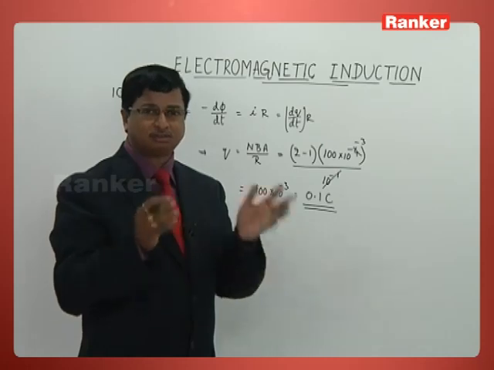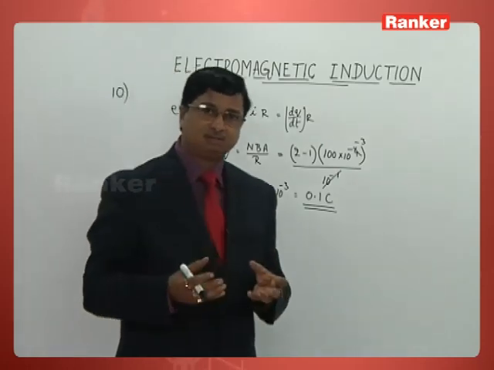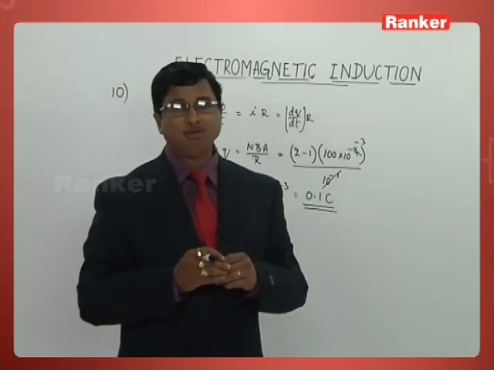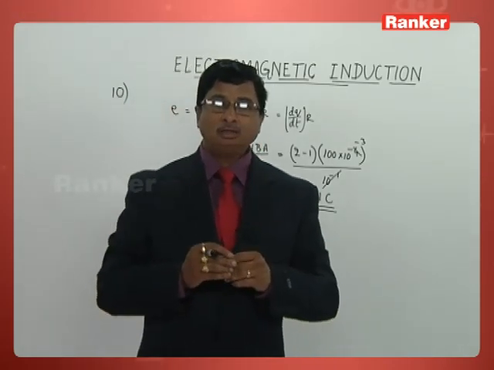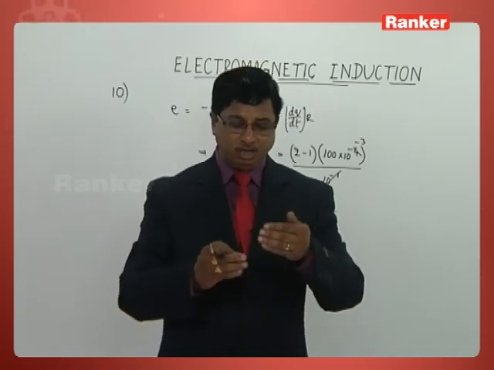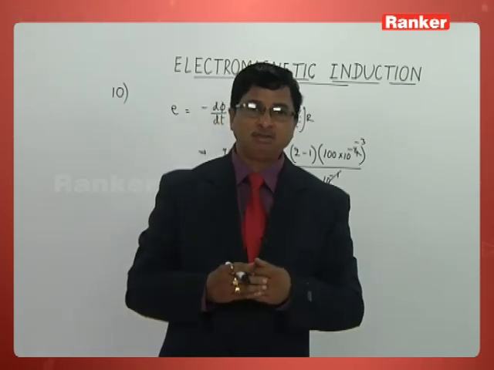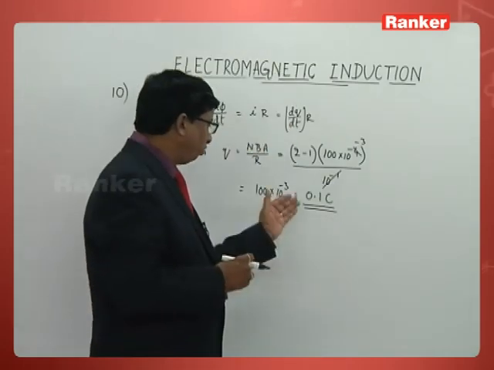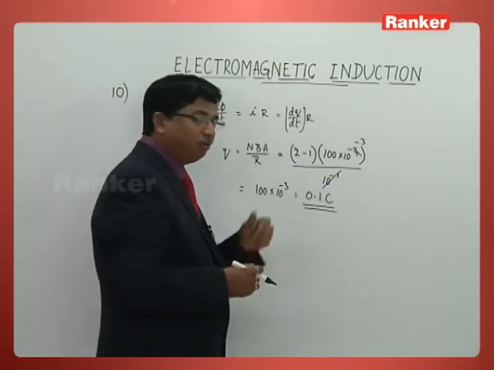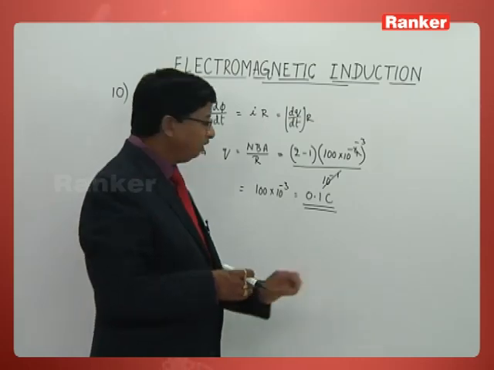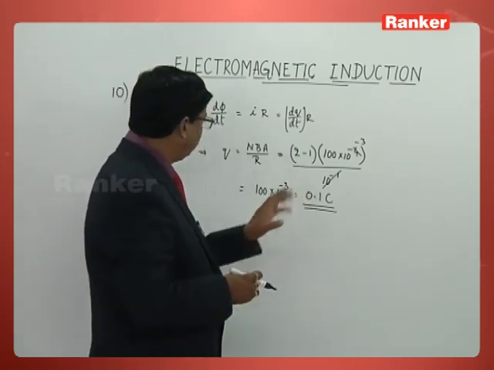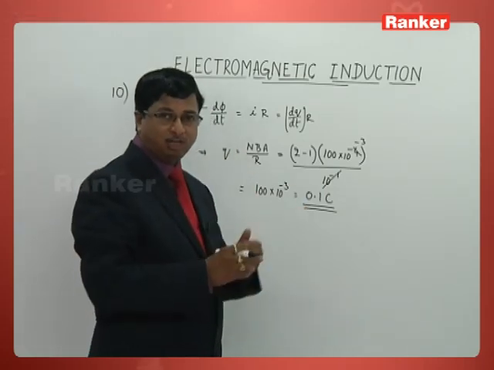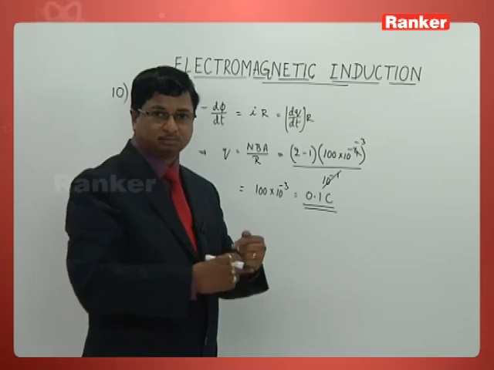By mistake, I have got something like 10 power 4 coulombs or 10 power 5 coulombs. Then one has to think, will a necklace have that much charge? No chance. So once again, if we go back by one step, you will come to know where you have gone wrong. So what is the correct answer here? 0.1 coulomb. That is the amount of charge across that necklace.